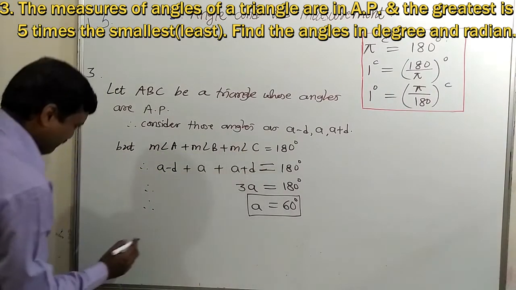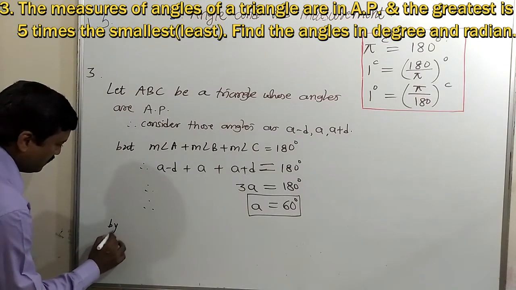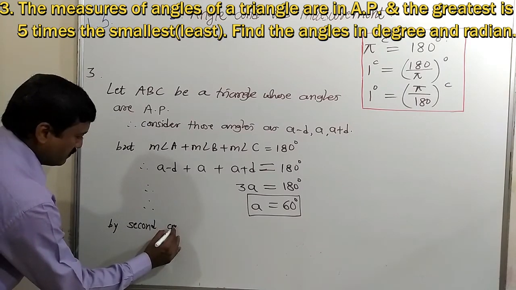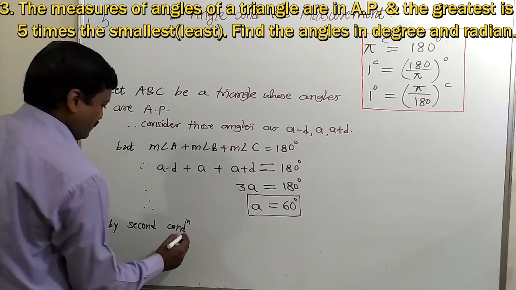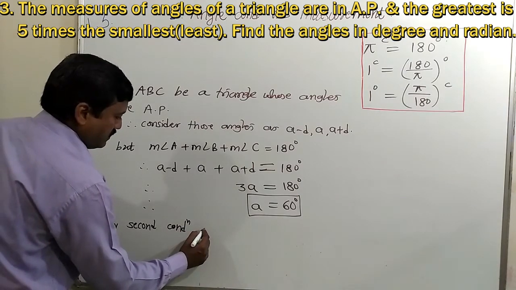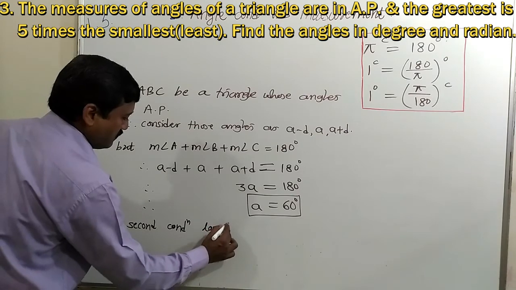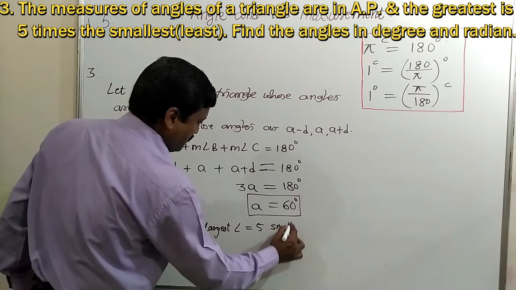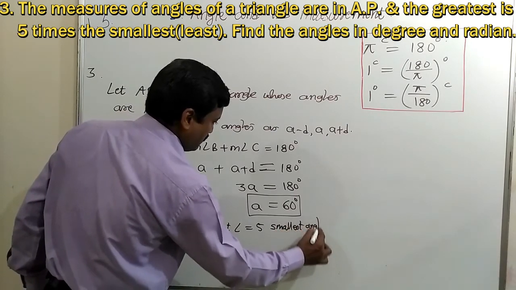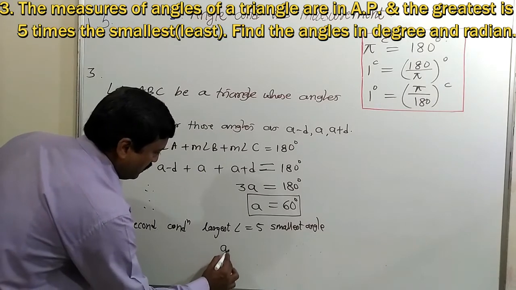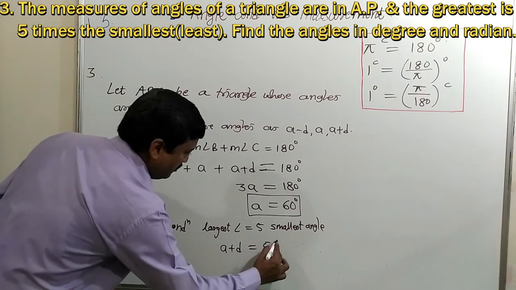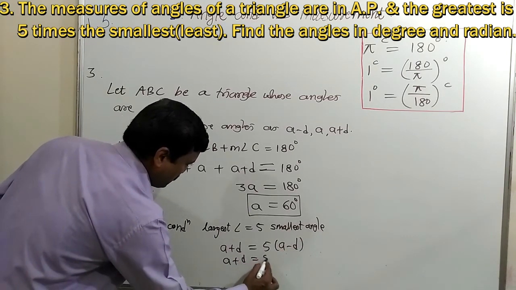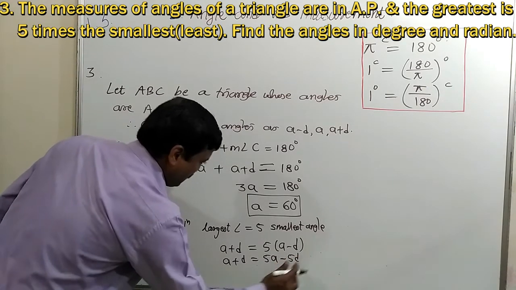So by second condition, largest angle is equal to 5 times smallest angle. Therefore, a plus d is equal to 5 times a minus d. So a plus d is equal to 5a minus 5d.